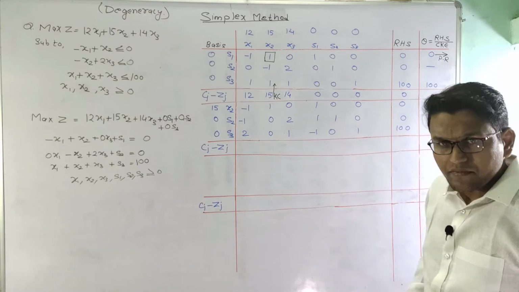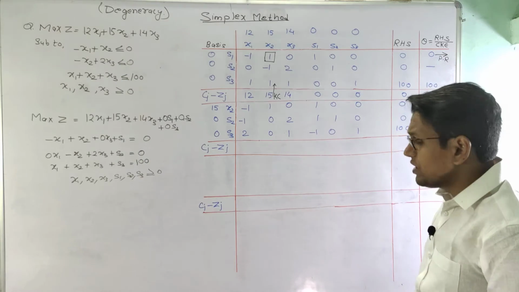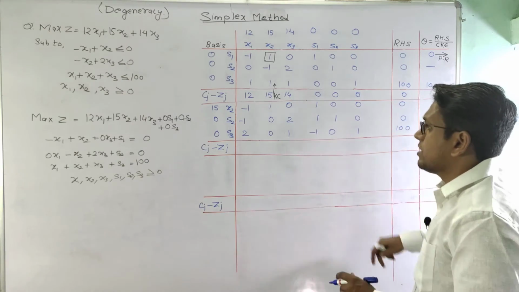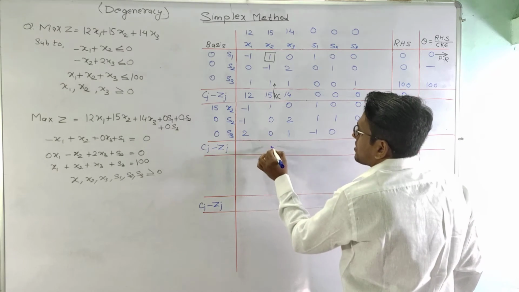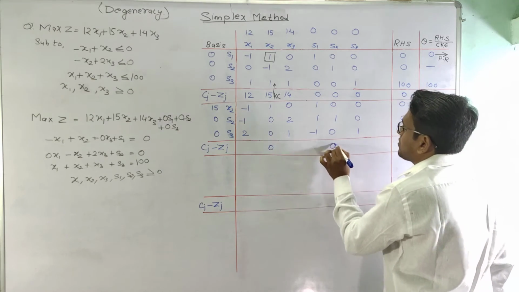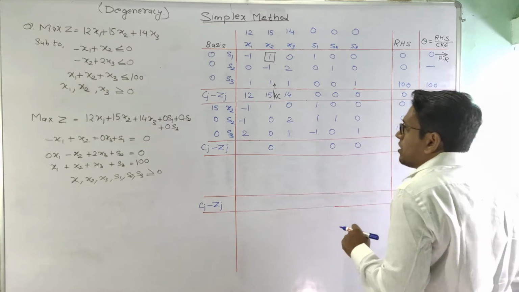Now again, to check the optimality, we will calculate the values of Cj minus Zj. As we can see, x2, s2 and s3 are basic variables. I will write the values of x2, s2 and s3 as 0 in the Cj minus Zj row.